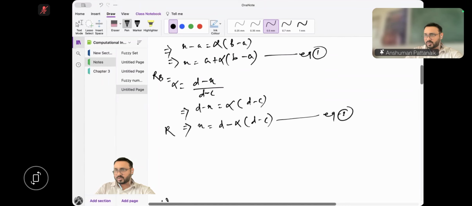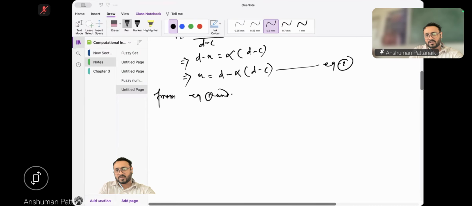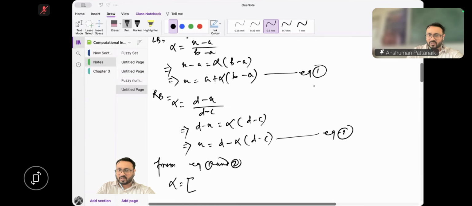Now from equations 1 and 2, alpha can be expressed as two parts. These two are the answer for alpha.